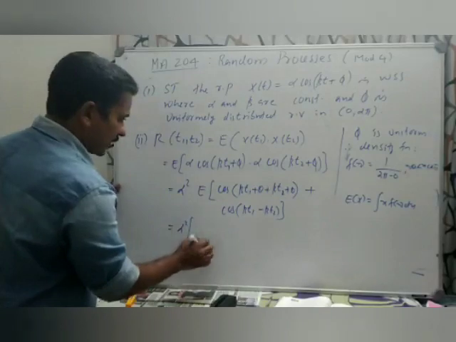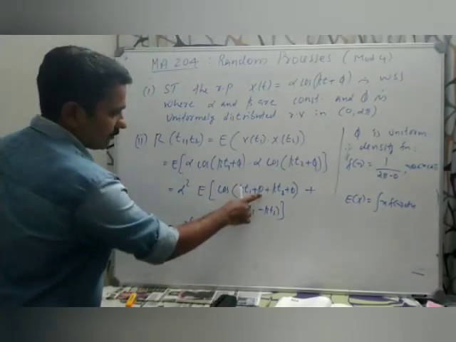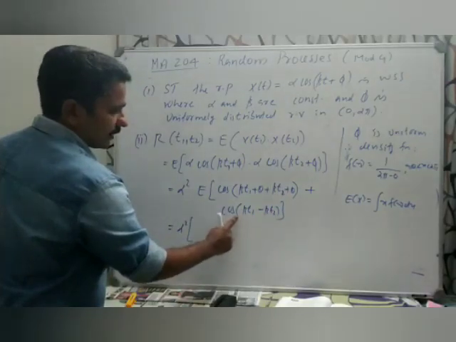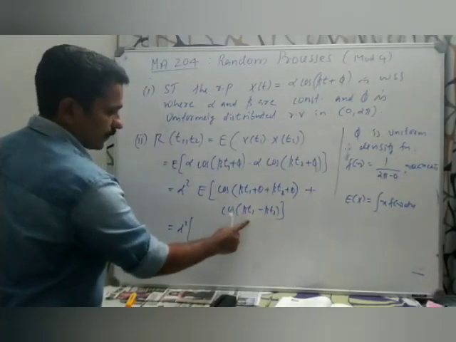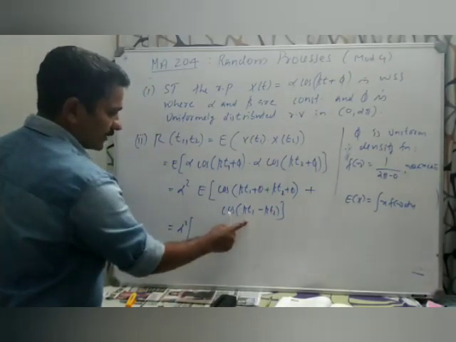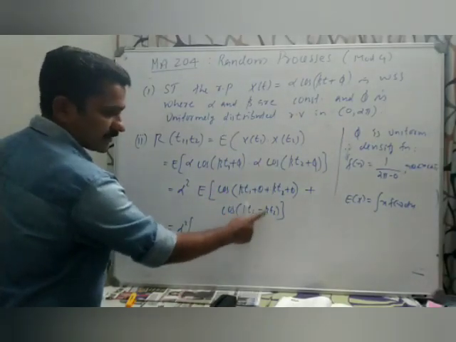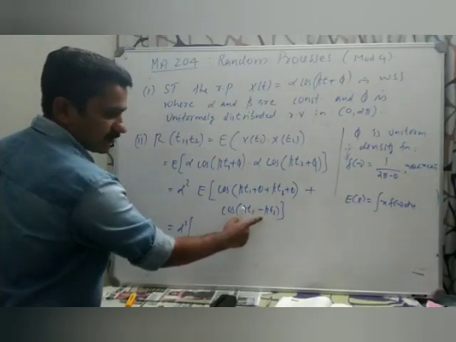So alpha square times, and here we have theta plus theta, it's 2 theta, and here there is no function of theta. So it's enough to take the expectation of only the first term, because that contains theta, this one doesn't contain theta. So this one will be a constant.